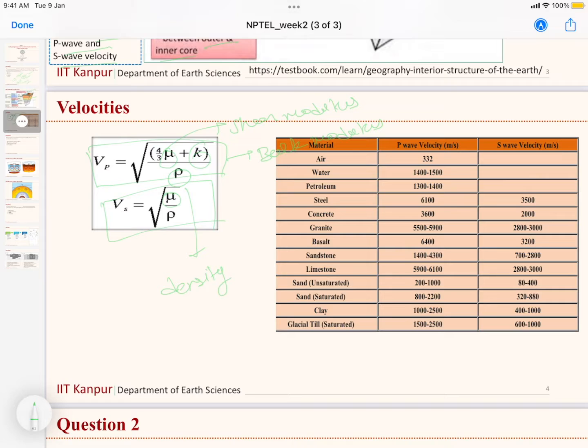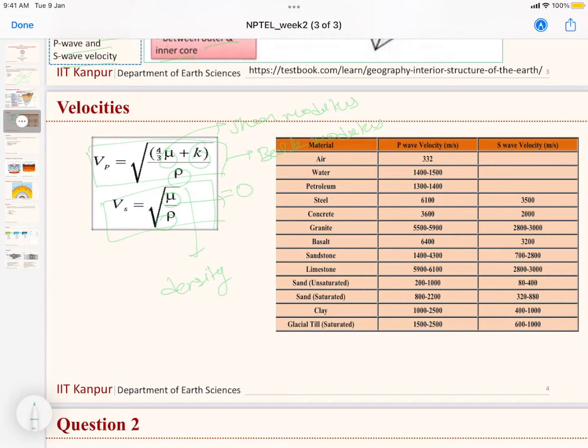So if we talk about the shear wave, we can see that it is a function of shear modulus divided by density. Now, for a fluid, what do we generally consider the shear modulus to be? We generally consider it equal to 0. Why? If we go to the basics, what does shear modulus represent? Shear modulus represents the resistance towards the shear force or shear stress, and we all know that a fluid can't resist shear stress because it will flow.